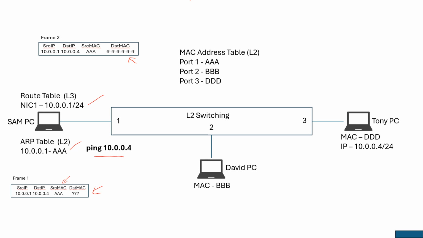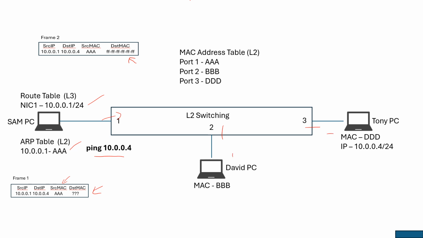So what happens is the switch accepts this broadcast frame, and multiple copies of this frame are generated by the switch and forwarded to the egress port 2, 3, and so on if any more PCs were there. The other PCs like David PC, Tony's PC, they accept this frame.